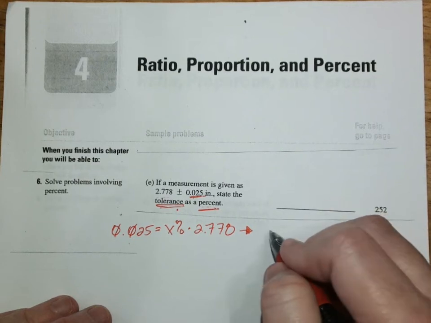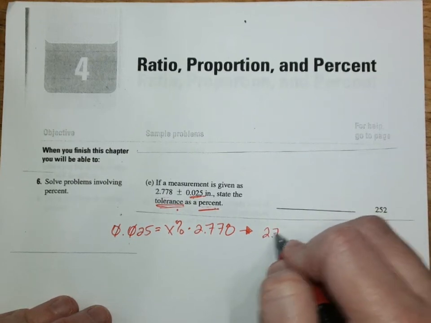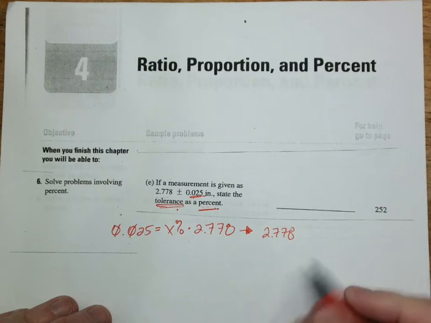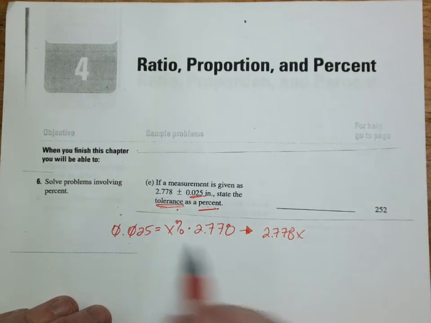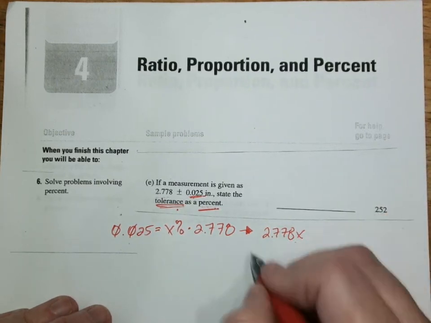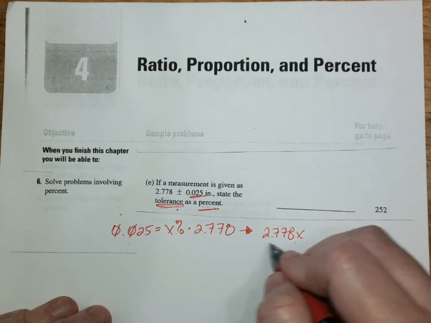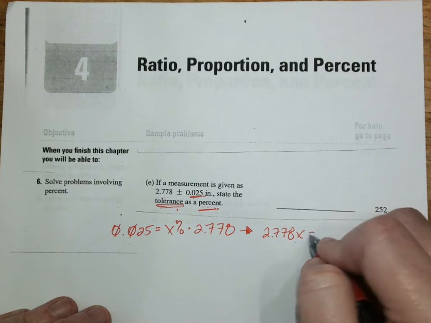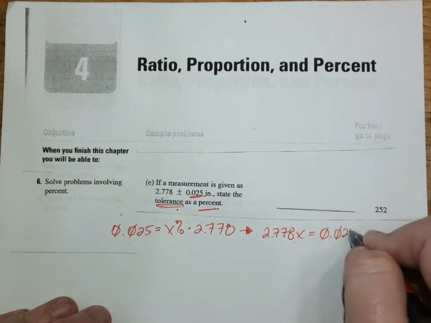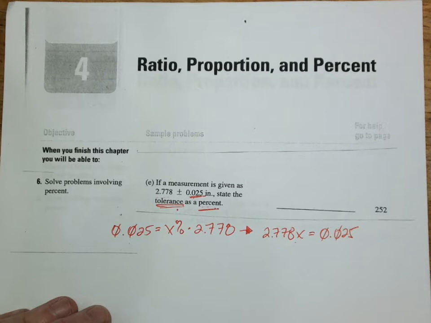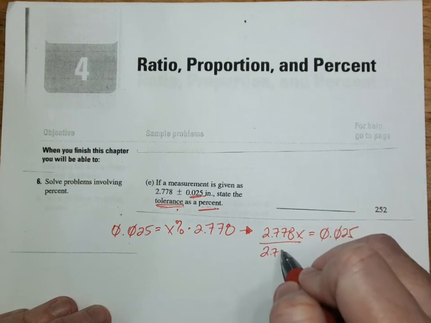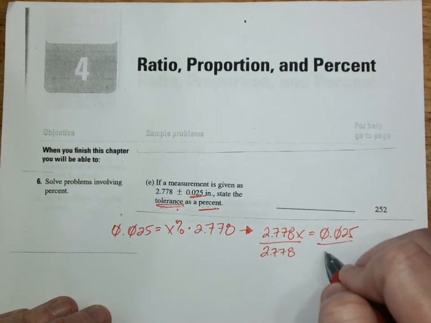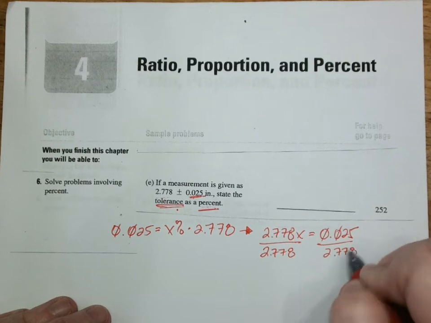So I'm going to rewrite that. And I'm going to say 2.778. I'm going to drop the percentage sign for now. I'm just going to write the x. These are multiplied together. Remember that. 2.778 or 2 and 778 thousandths, times x, is equal to 25 thousandths. And so to get that x by itself, so we can find out the decimal number that we need to change to a percent, we divide both sides by 2 and 778 thousandths.